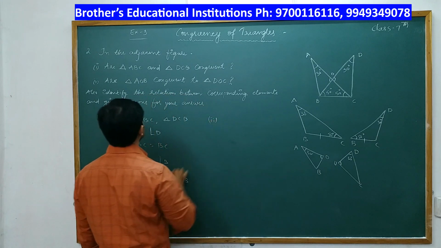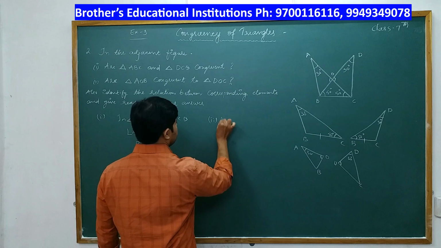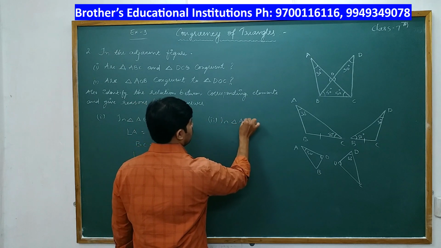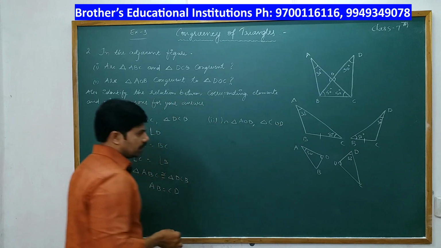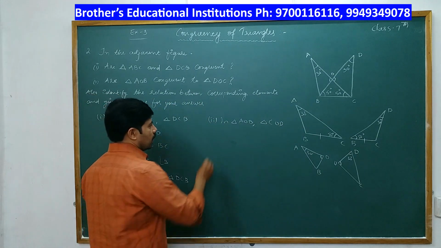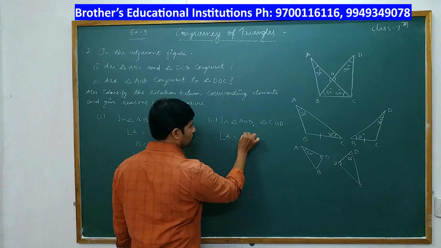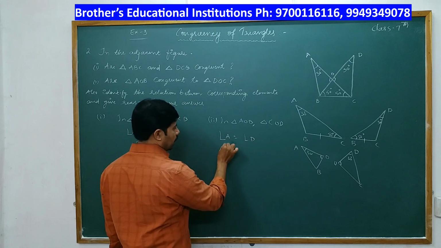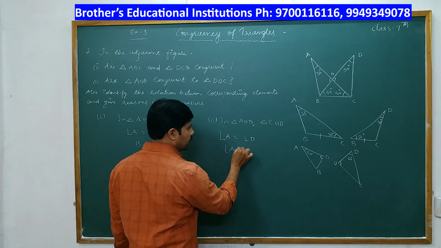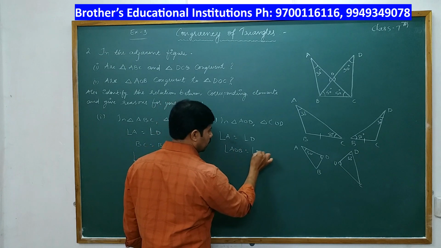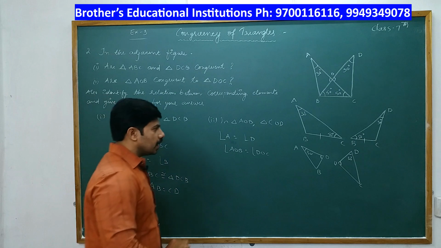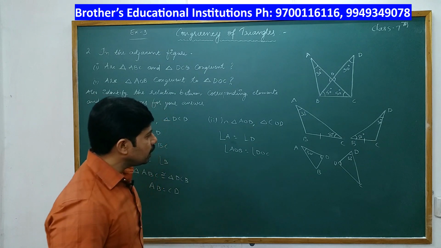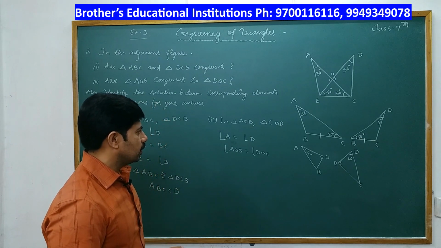We will mention the reasons here. In triangle AOB, triangle COD or DOC, in these two triangles we have angle A is equal to angle D and angle AOB is equal to angle DOC because they are vertically opposite angles, and here we need one more angle.